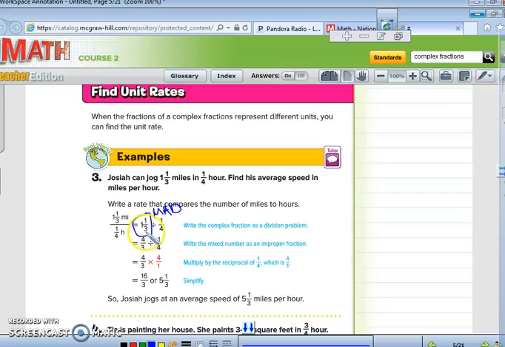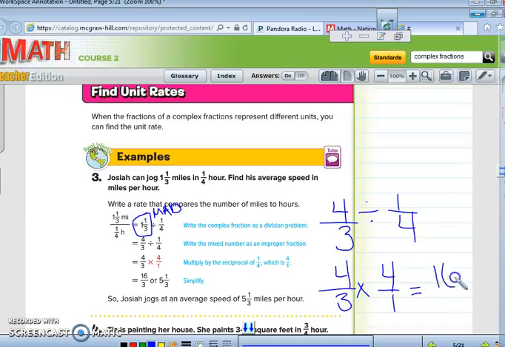So 1 1/3 becomes 3 times 1, which is 3, plus 1, which is 4, over 3. Then I'll write out the rest of the problem. Now I can do keep, change, flip. 3 goes into 16 5 times, so that would equal 15, so I have 1 left over, keep the denominator.